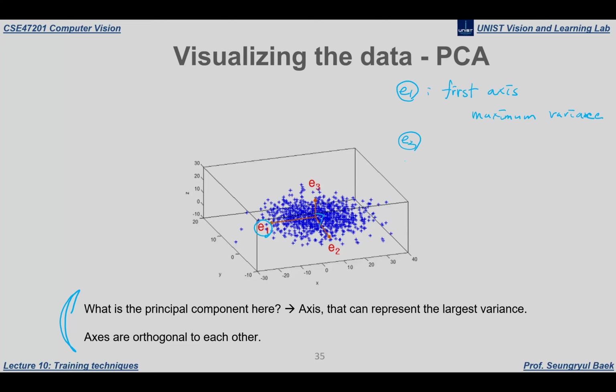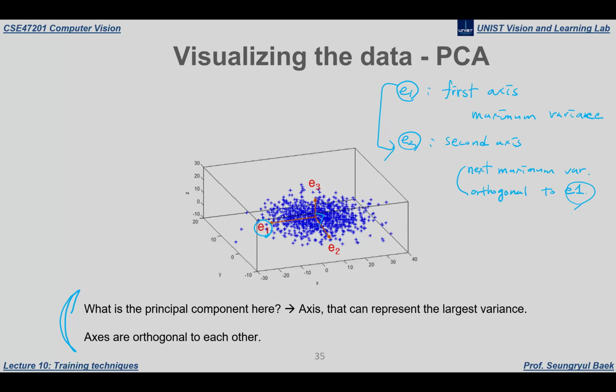Then we have to decide the next axis, which would be the second axis. This might have the next maximum variance. At the same time, it has to be orthogonal to E1.